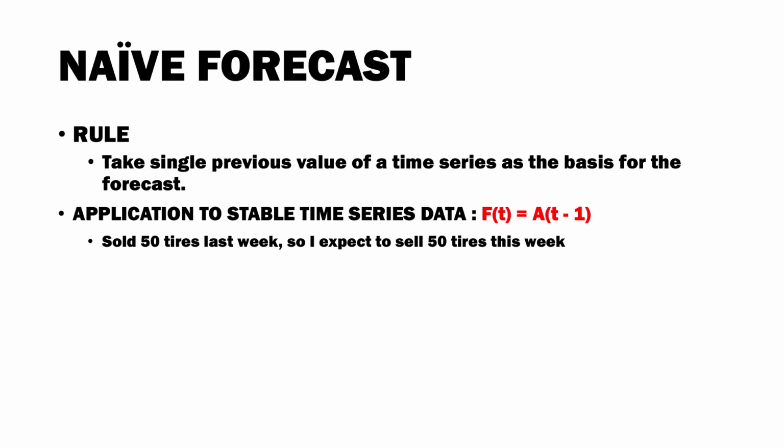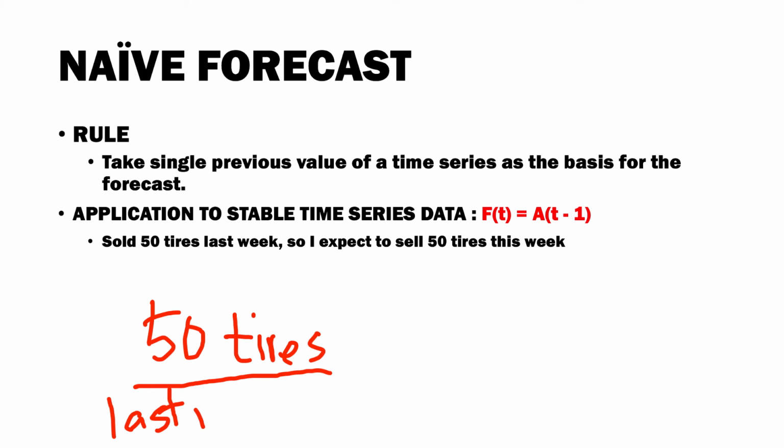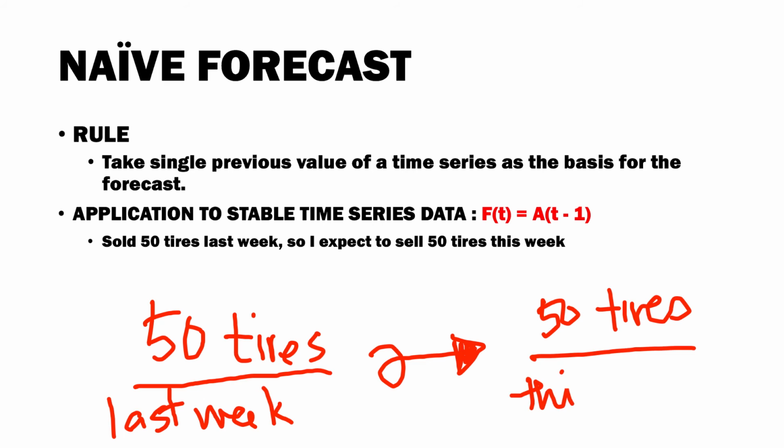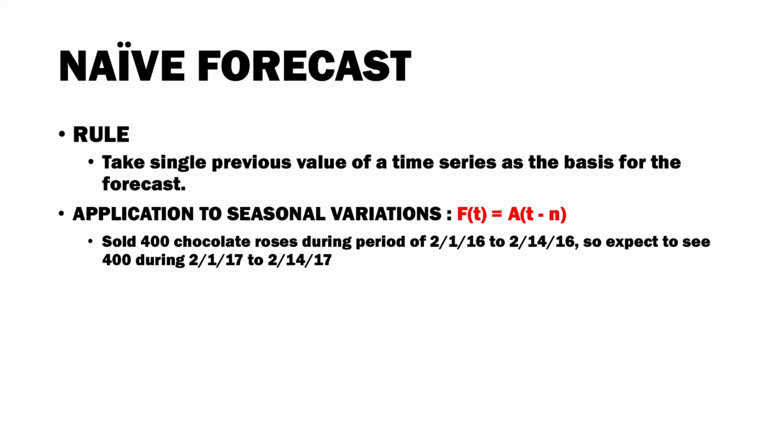So when we're applying the naive forecast to a stable time series, it is pretty much like the example we just did. In this example, last week we sold 50 tires, so therefore we can expect to sell 50 tires this week. When we apply a naive forecast to seasonal variations, it's pretty much like the last example, but with a tiny little twist.